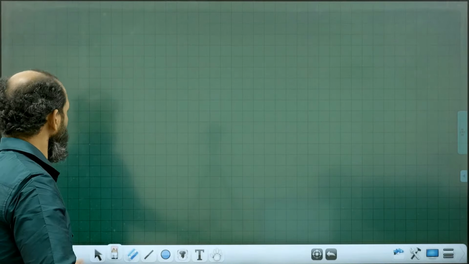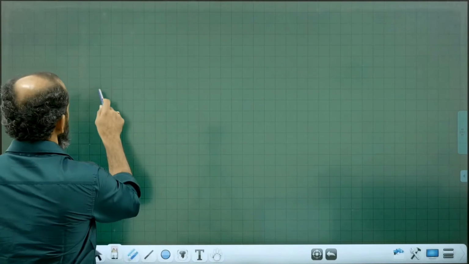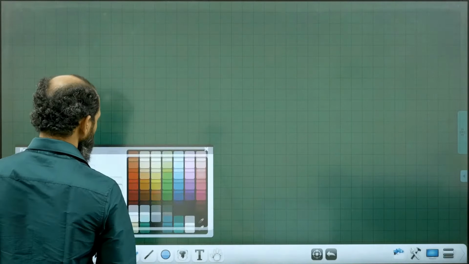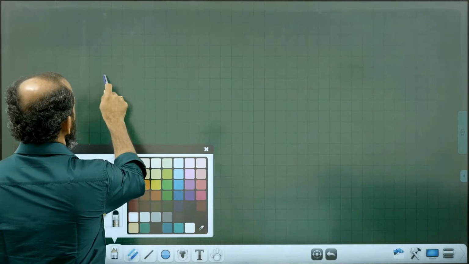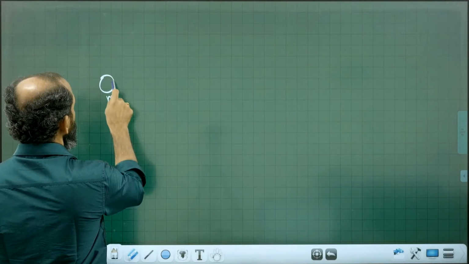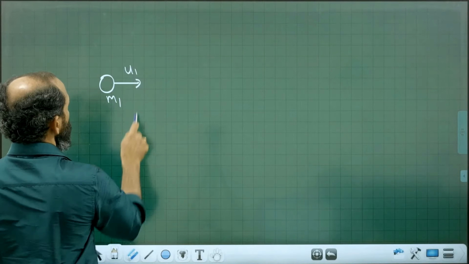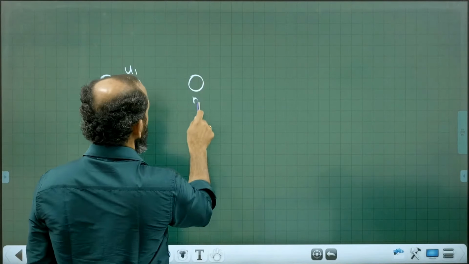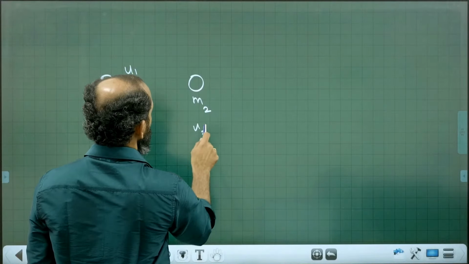Okay. Now, if the collision is two-dimensional, the first body of mass m1 moving with speed u1 collides with a second body of mass m2 which is at rest.